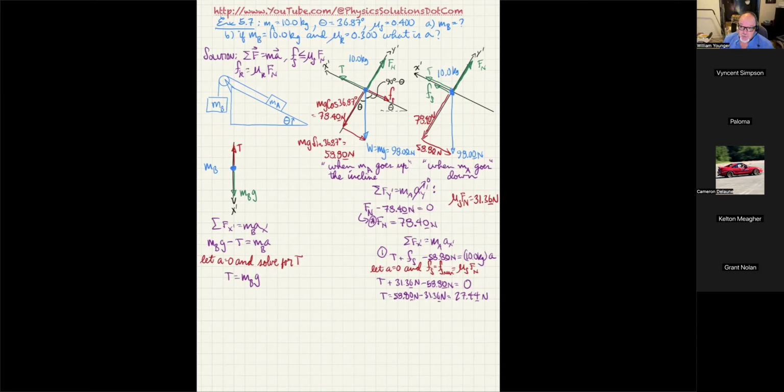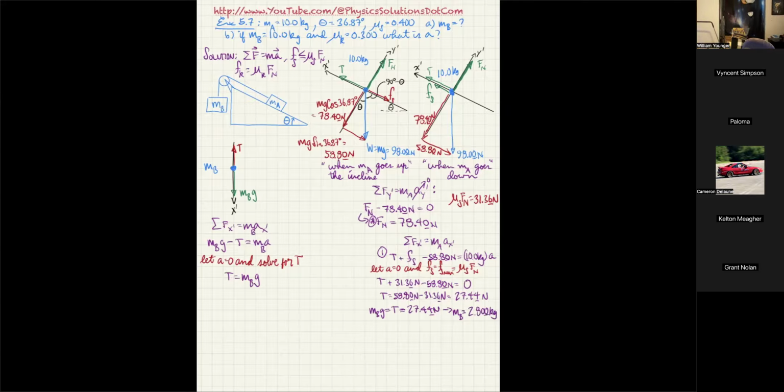That'll give me the critical mass at which MB becomes just small enough to allow the M sub A to go down the incline. So M sub B times G is equal to tension, which equals 27.44 newtons. That means M sub B is equal to 27.44 divided by 9.80, which gives me 2.800 kilograms.